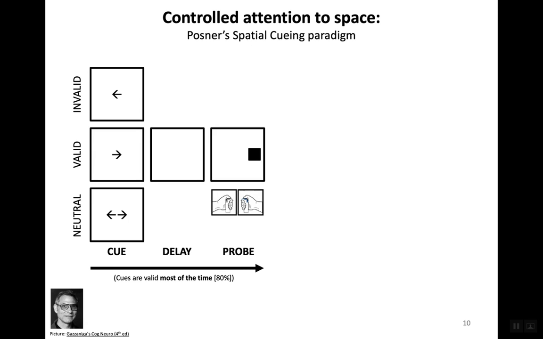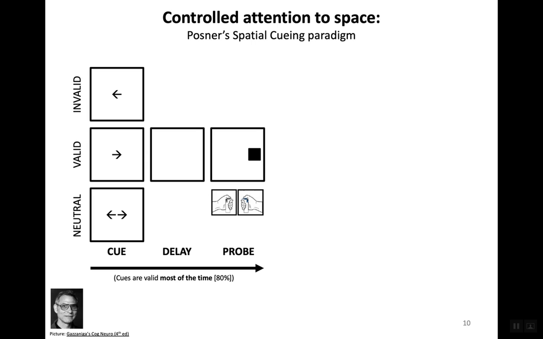And Mike Posner, one of the most influential researchers in the study of attention, designed a simple yet extremely effective paradigm which bears his own name, Posner's spatial cueing paradigm.